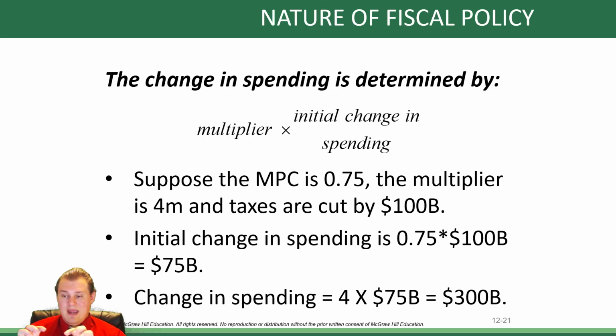So again, look at the math real quick. You take the initial change in spending, which is 100 billion, and the MPC is 0.75, that means only 75 billion is going to go into that cycle, and then that 75 billion times the multiplier. So you have to do one more added step in your calculations, because of the way it's set up.